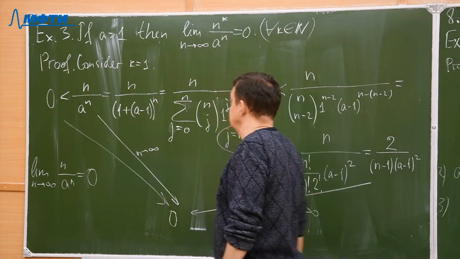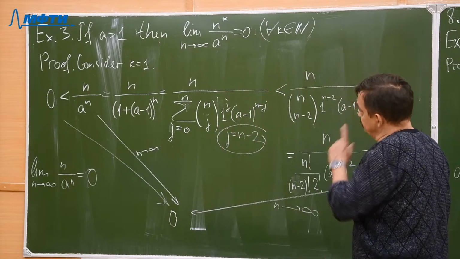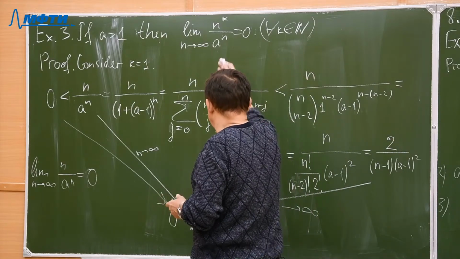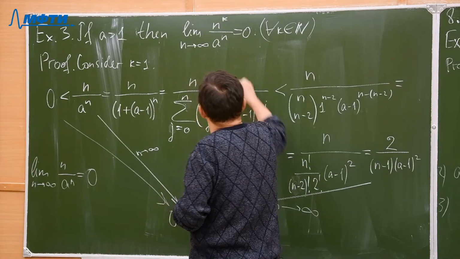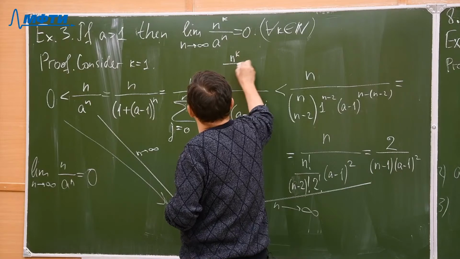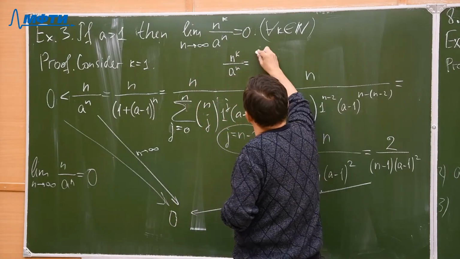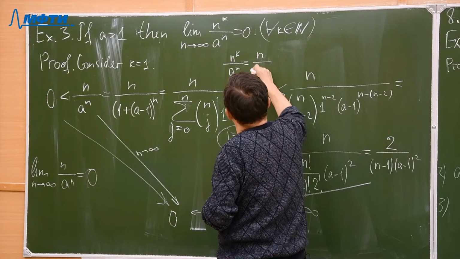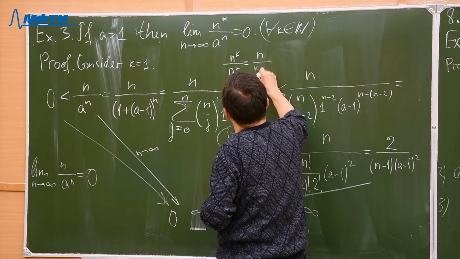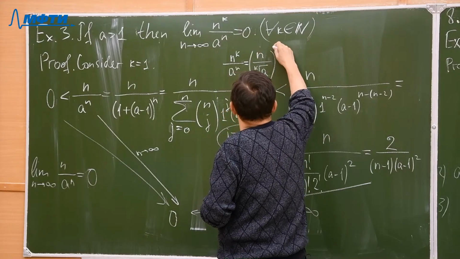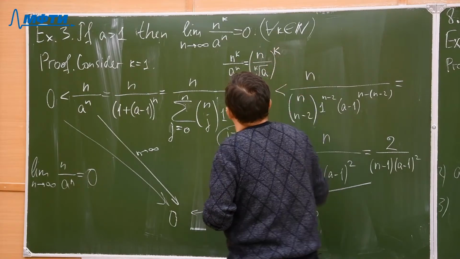Then what we can do, we can put in the general case. So in the general case, we may rewrite it as n over kth root of a, power k.